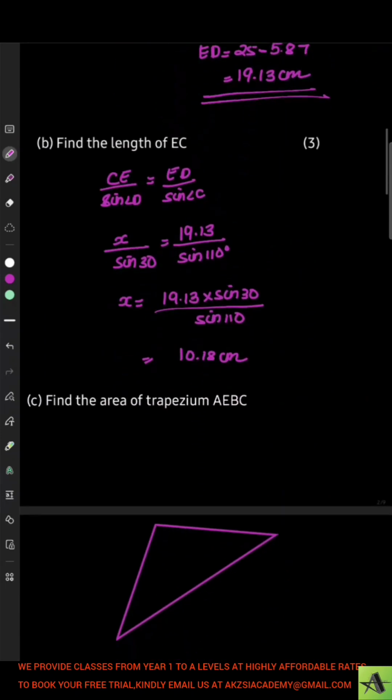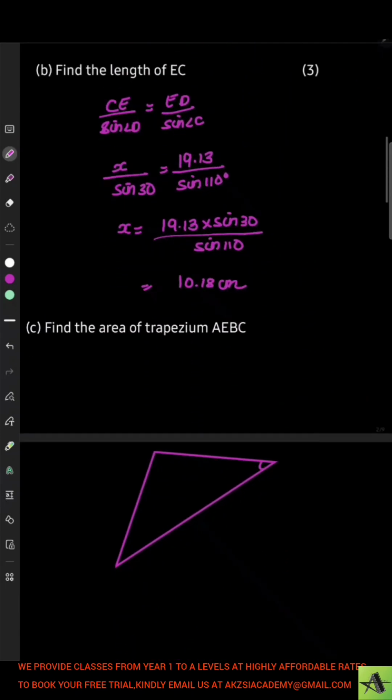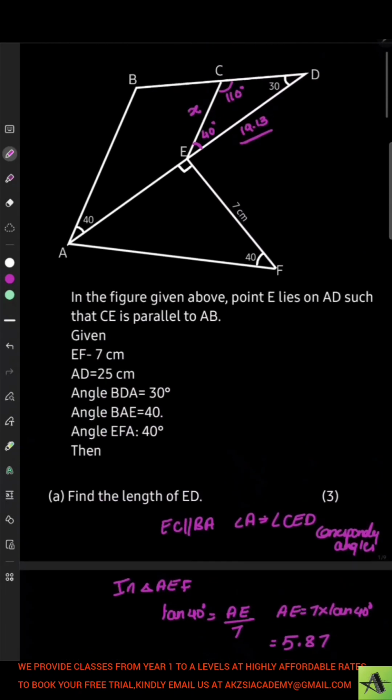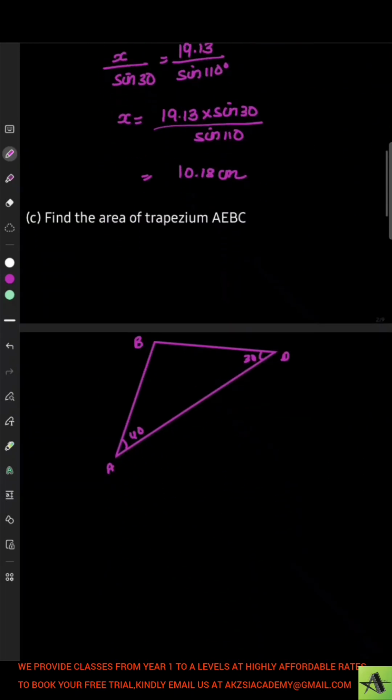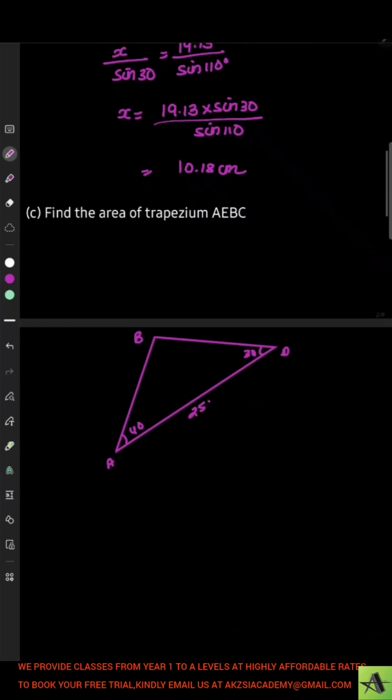ABD, this is 30, this is 40, this is 30, this is 40. And we do have AD already given as 25 centimeters. Now we want to calculate BA.